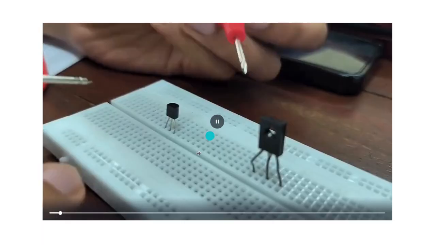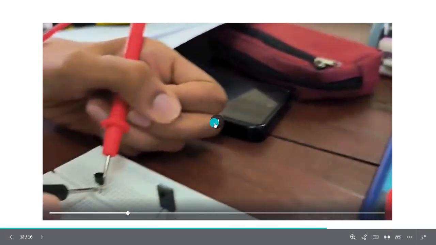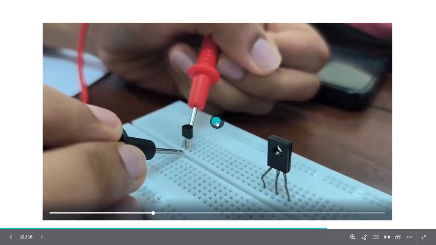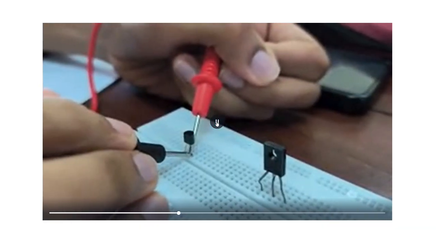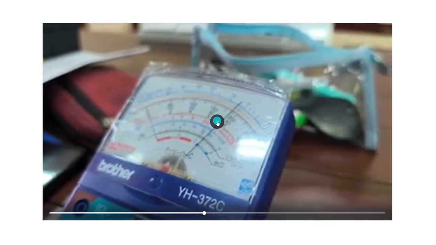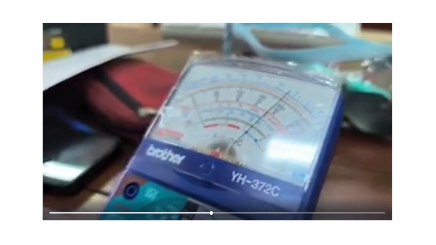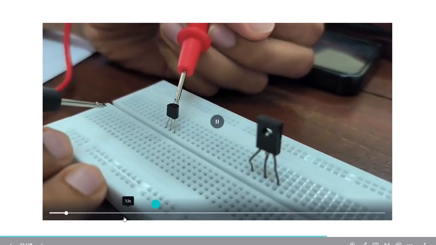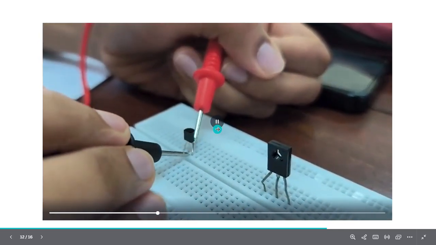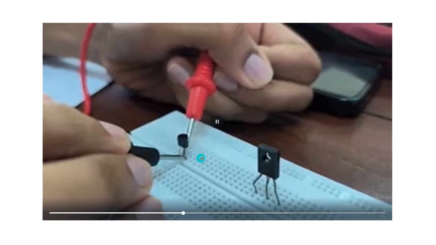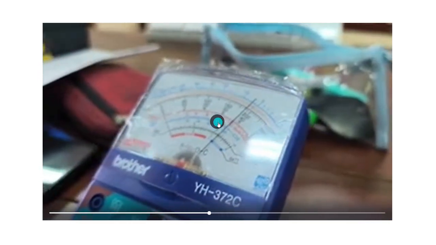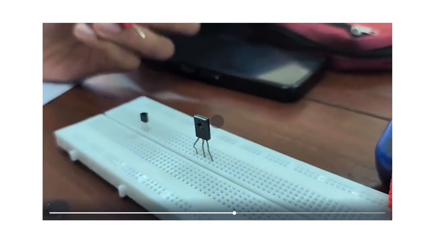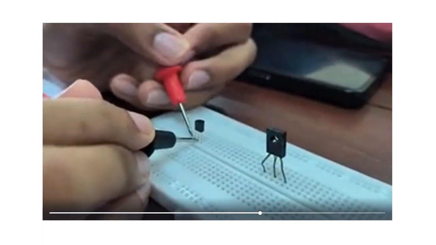Negative to the third terminal, we got a 60 ohms value. Now we put the negative on the second terminal and red at the first terminal, and we got no value.